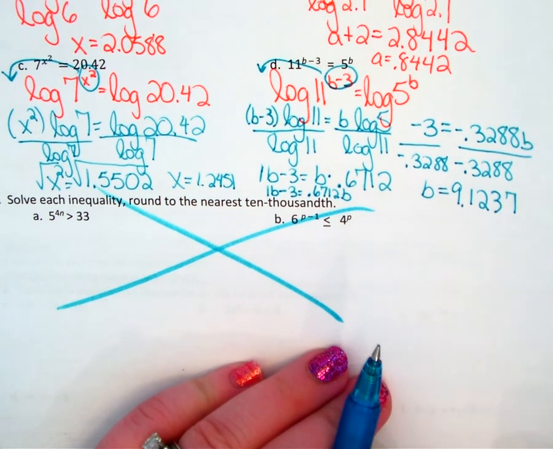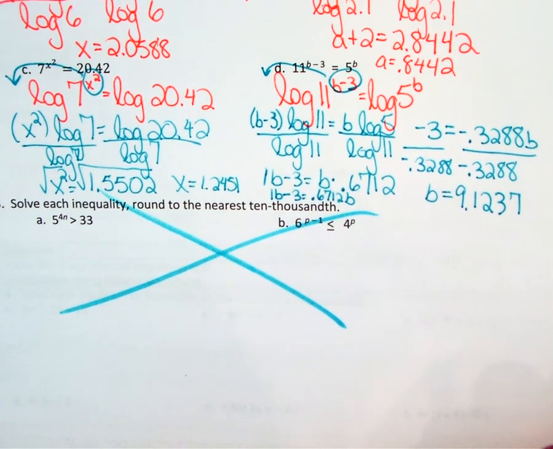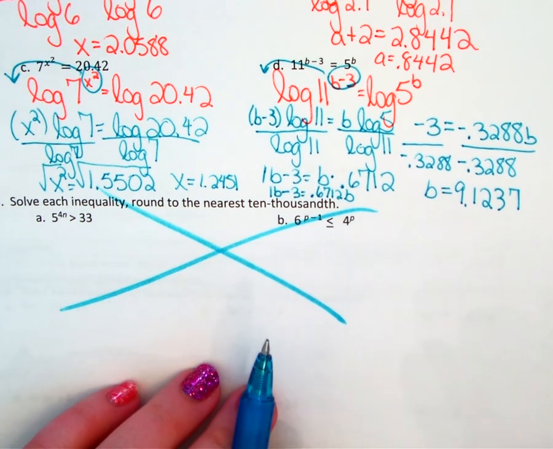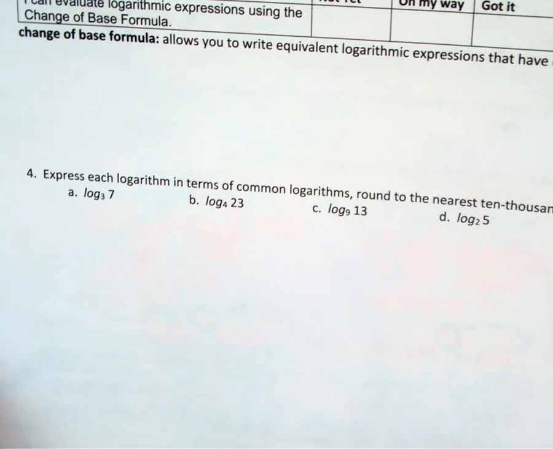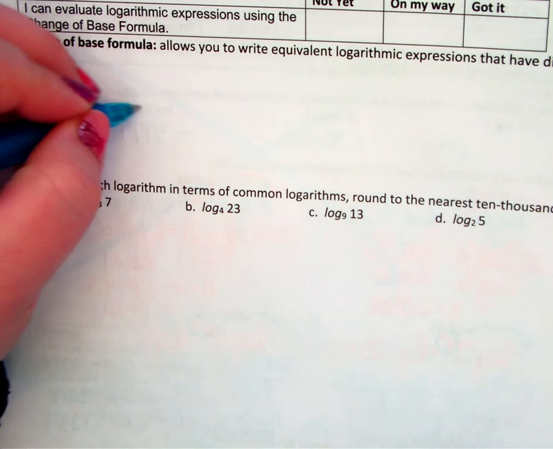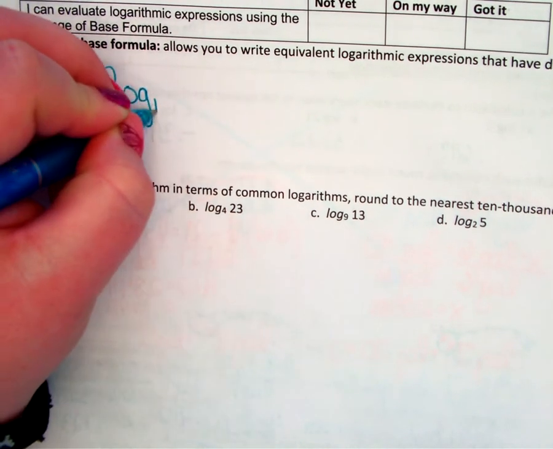One more small thing to do in 6.7, and that's using the change of base formula. You actually have been proving and using the change of base formula throughout all 4 of these last problems. I'm just going to give you the formula now. The change of base formula looks like this.